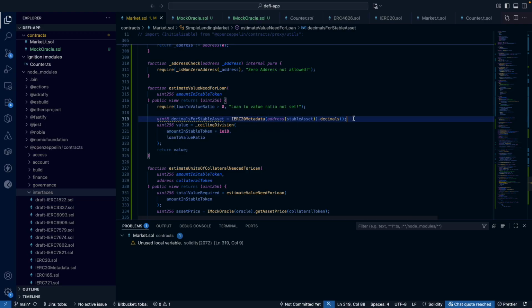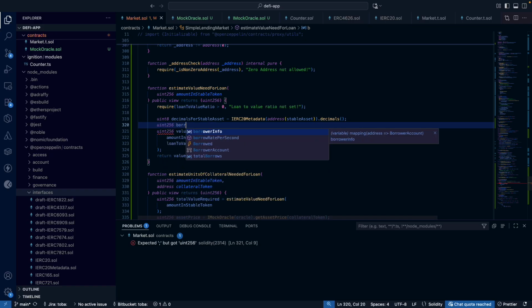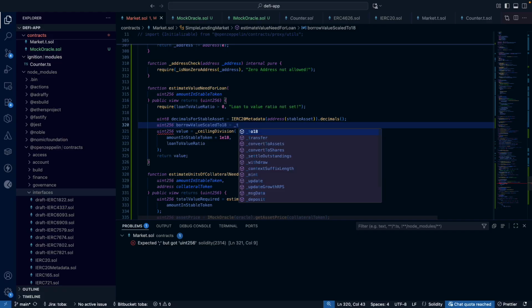Now, what we're going to do next is when we are estimating what the borrow should be, we are going to scale. So let's scale this value to 18. uint256 borrow value scaled to 18.